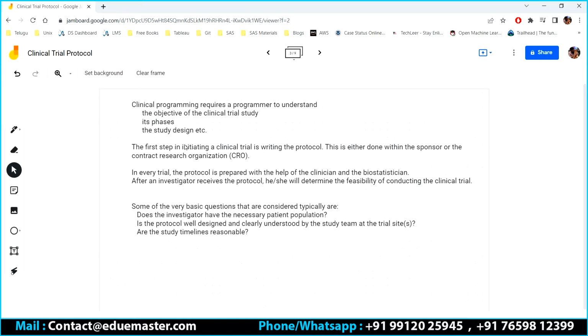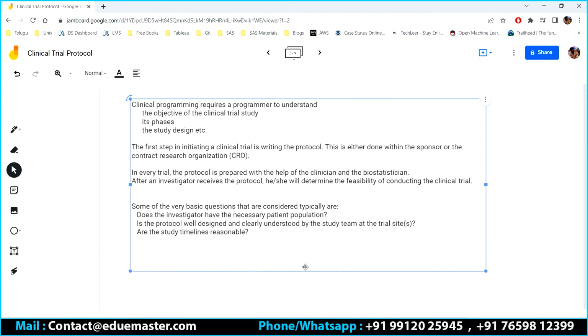I cannot quote the exact timelines, but I'm 200% sure that a 3 month window for bringing up a new vaccine for protecting against COVID is highly impossible. So we need to understand: we need to have the proper population, the protocol needs to be understood by all the people at the trial site, and finally the timelines must be reasonable.